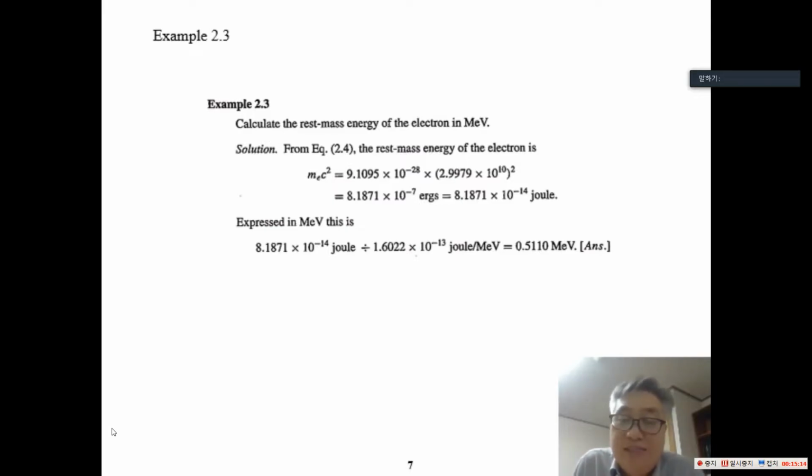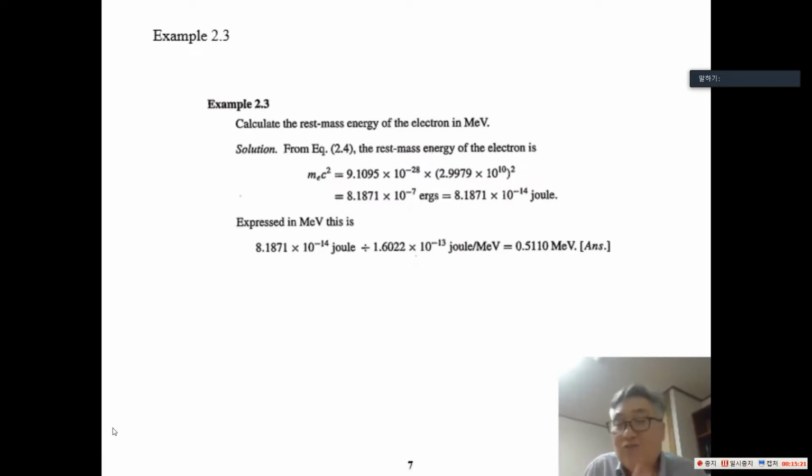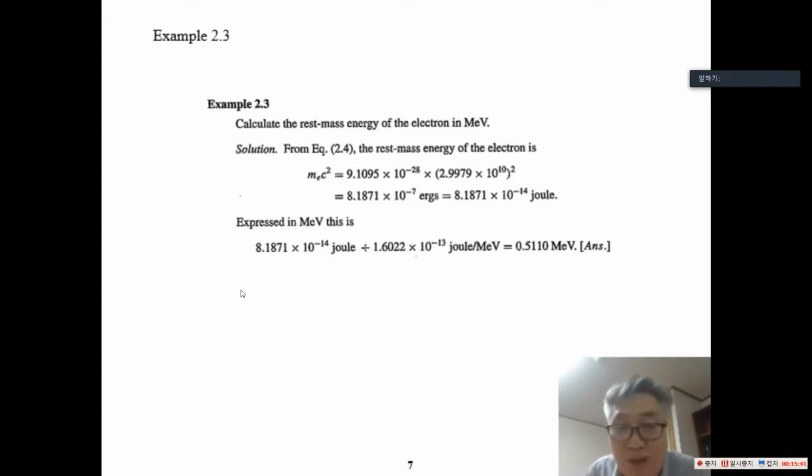Sometimes we use this in hospitals. When we do cancer diagnostics, we use positron emission tomography. A positron is like an electron but has a positive charge. It has the same properties as an electron but a positive charge, not negative.